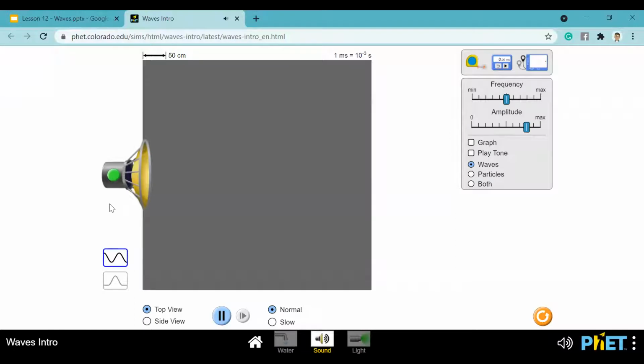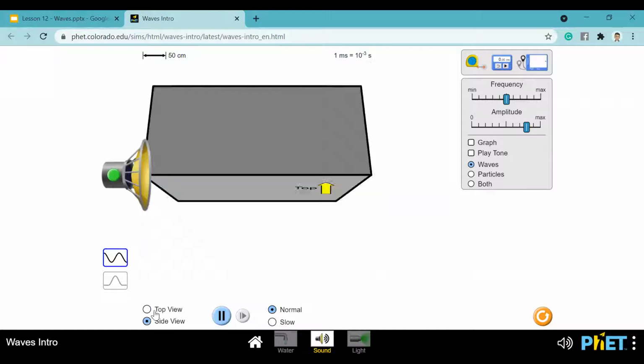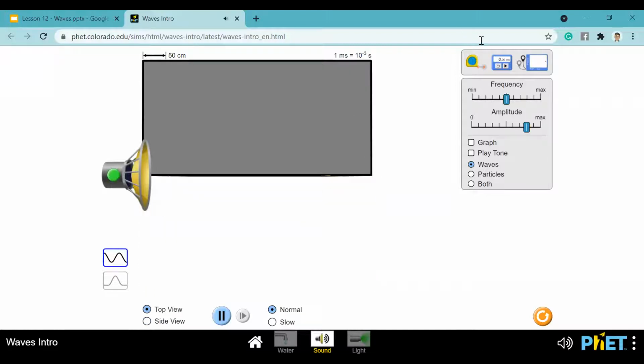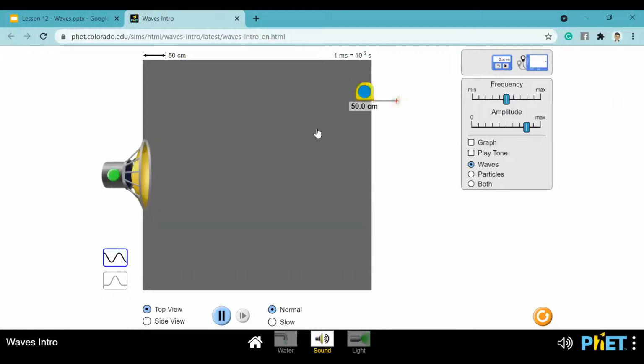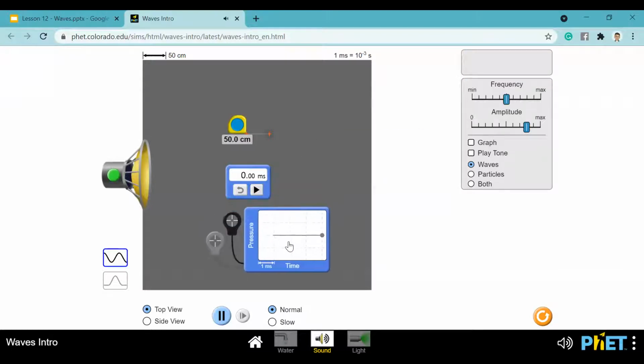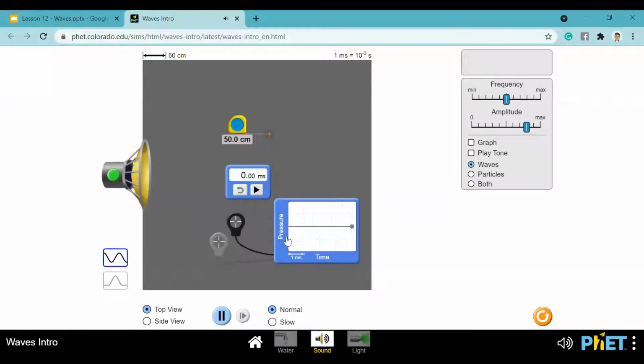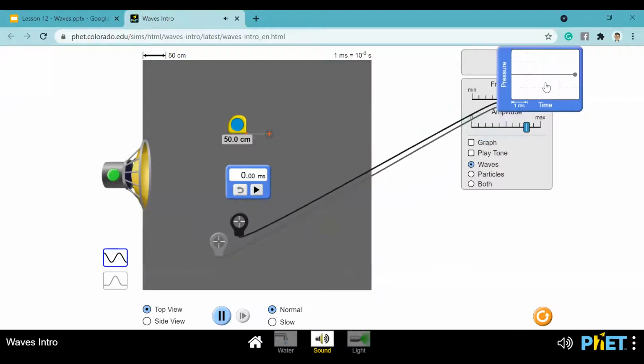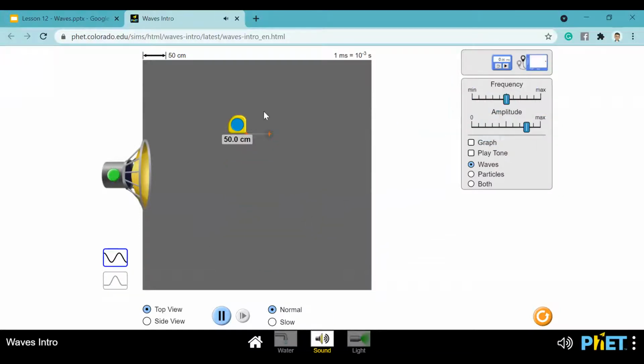Okay, so you have here a diaphragm, and you can see the top view or side view. And also we have here a tape measure, timer, and oscillation or graph oscillation. But anyway, we're not going to use these tools.